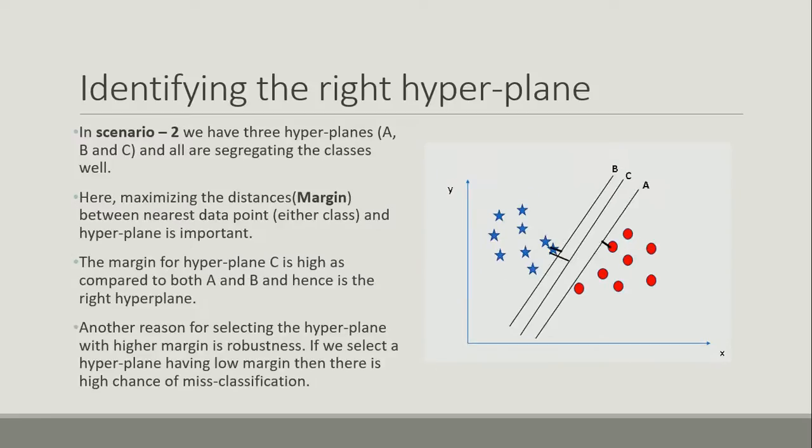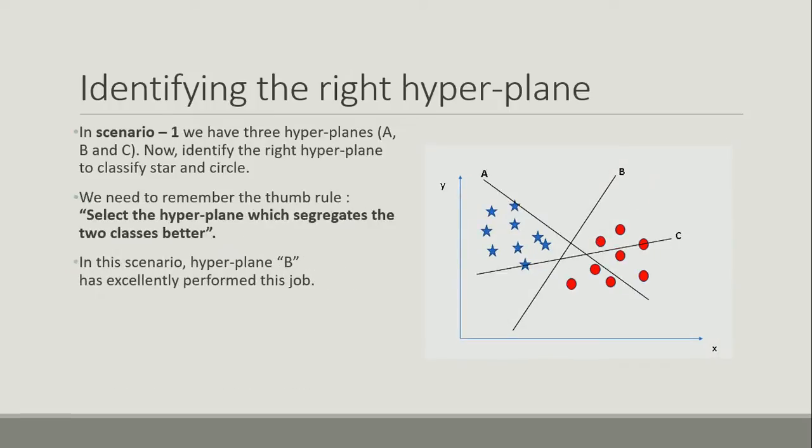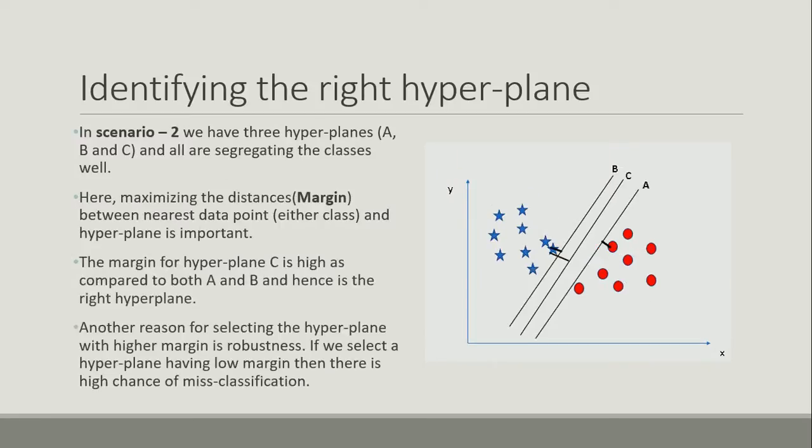Now that we have identified B, we can also deduce that there may exist various parallel lines to B that may be the hyperplane that divides it. So assuming that the parallel lines are now A, B, and C, which can divide these support vectors, which one will be the correct hyperplane among these?